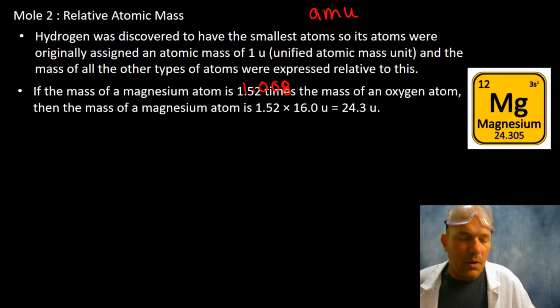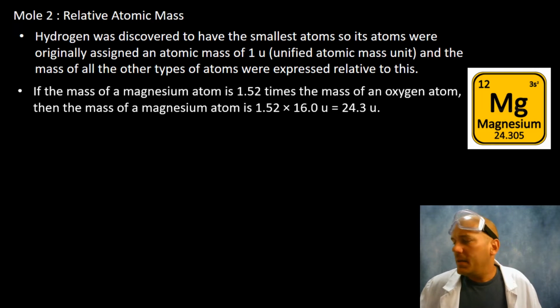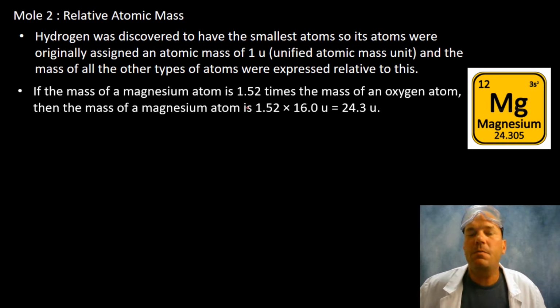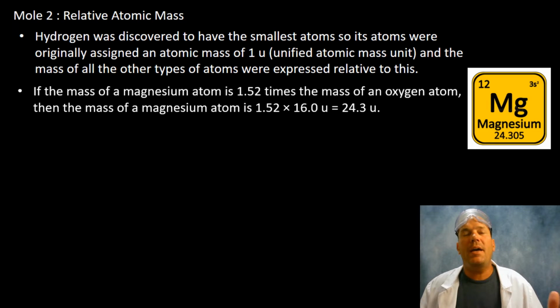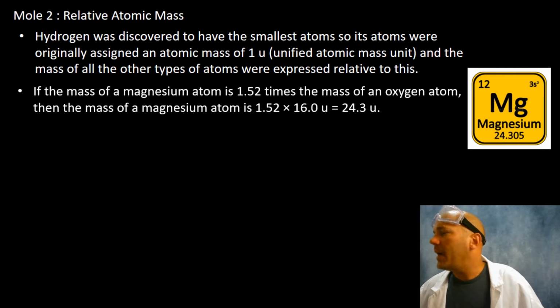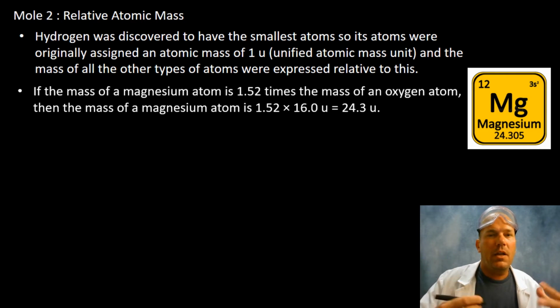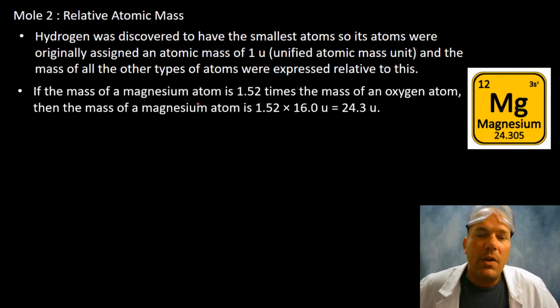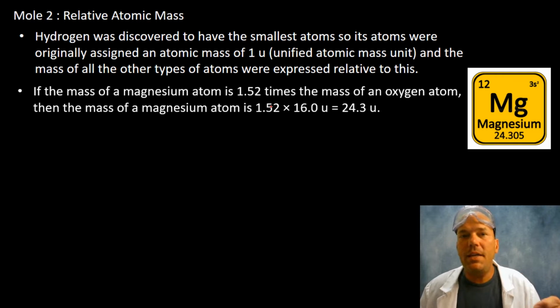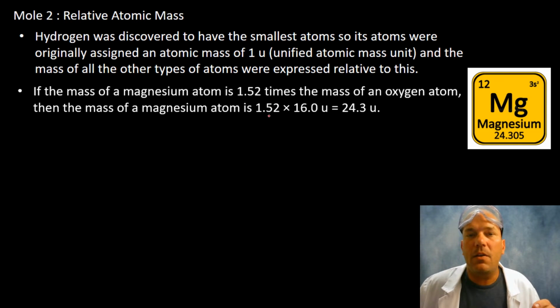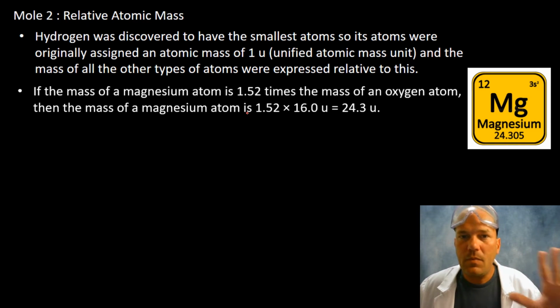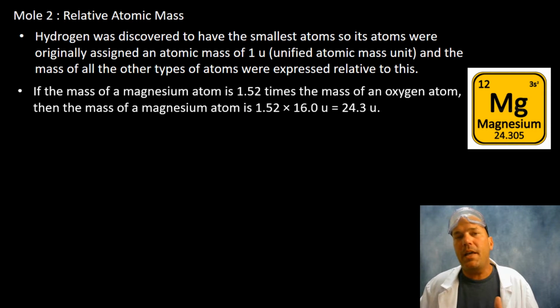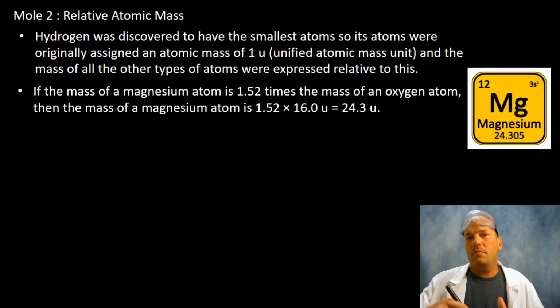All right, so if the mass of the magnesium from our last example was 1.52 times the mass of the oxygen atom, and you can look at your magnesium and see what its accepted value is, we can actually do a computation here to figure out relative to the oxygen by simply taking the mass ratio that we found from the previous example of 1.52 and multiplying that by the mass of the oxygen.